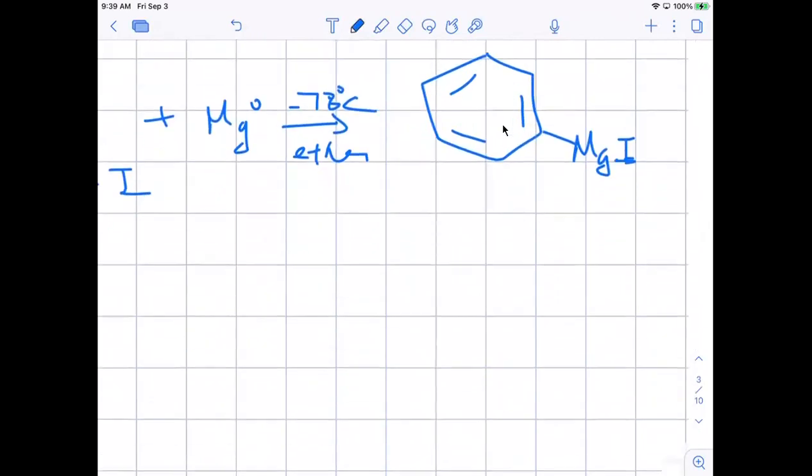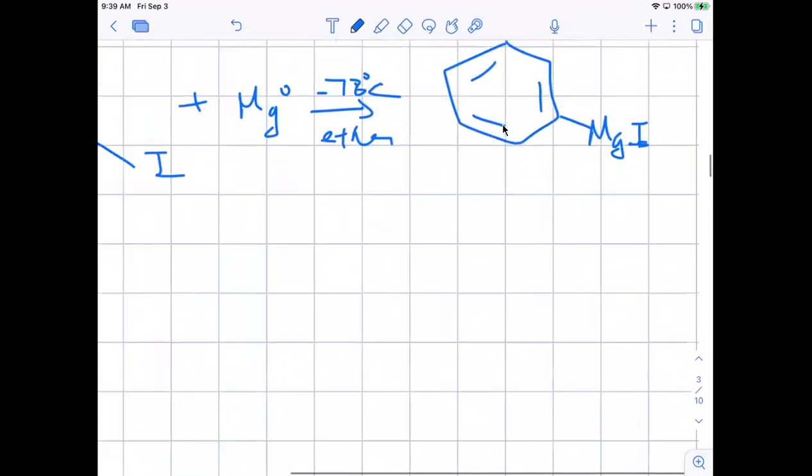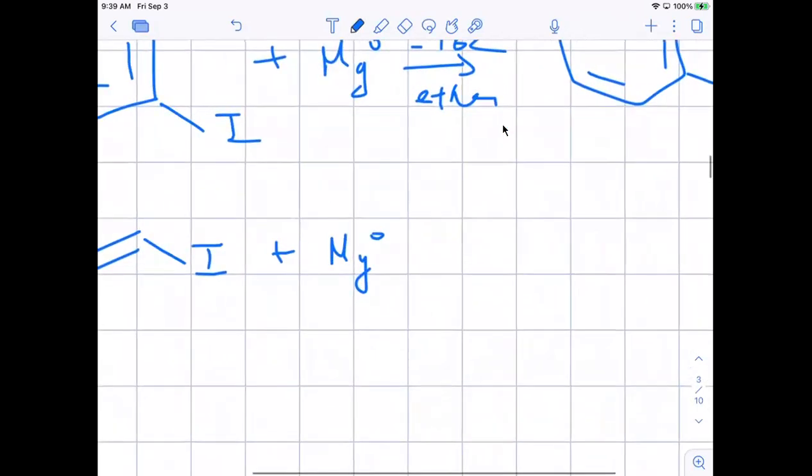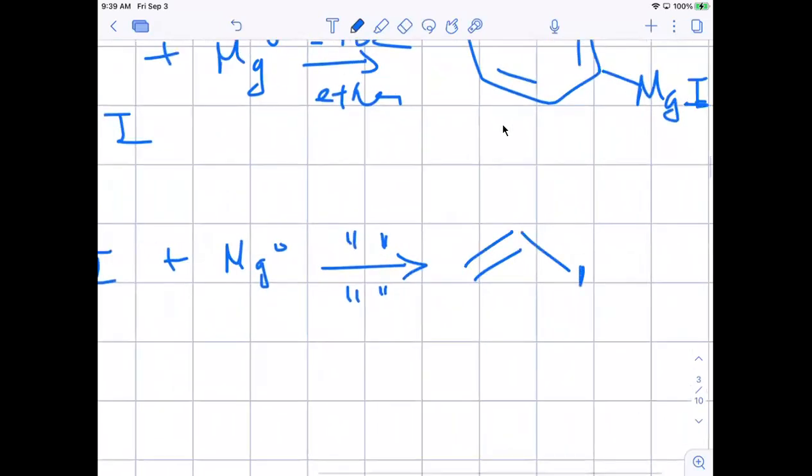It also works if I have a vinyl iodide, like a vinyl halide, and use that with magnesium, right, I'll get out a vinyl Grignard.